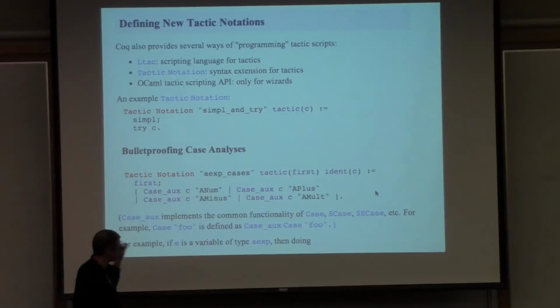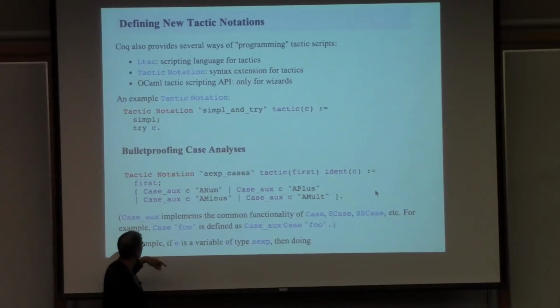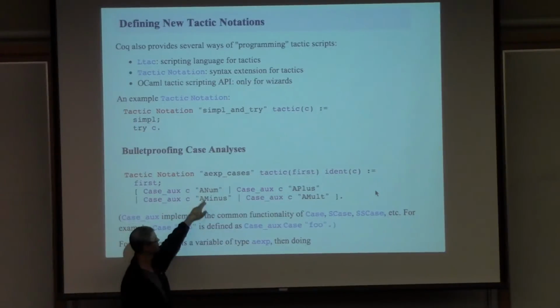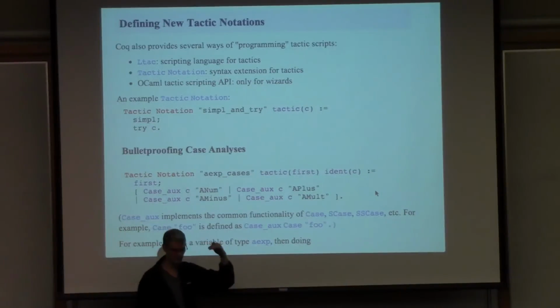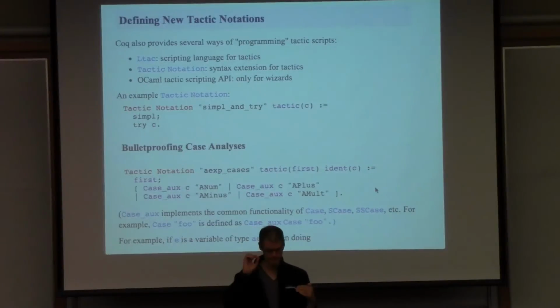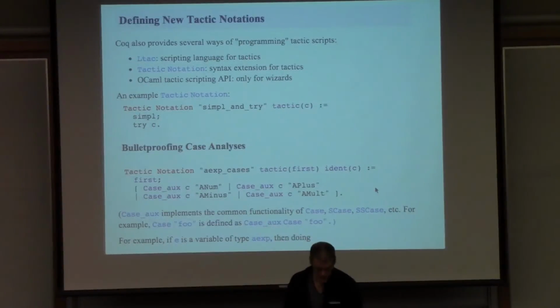And so at whatever level it is, I'll show you a use of it in a second, that will make it clearer. At whatever level it is, it's basically inserting the cases at the beginning of the corresponding subproofs.